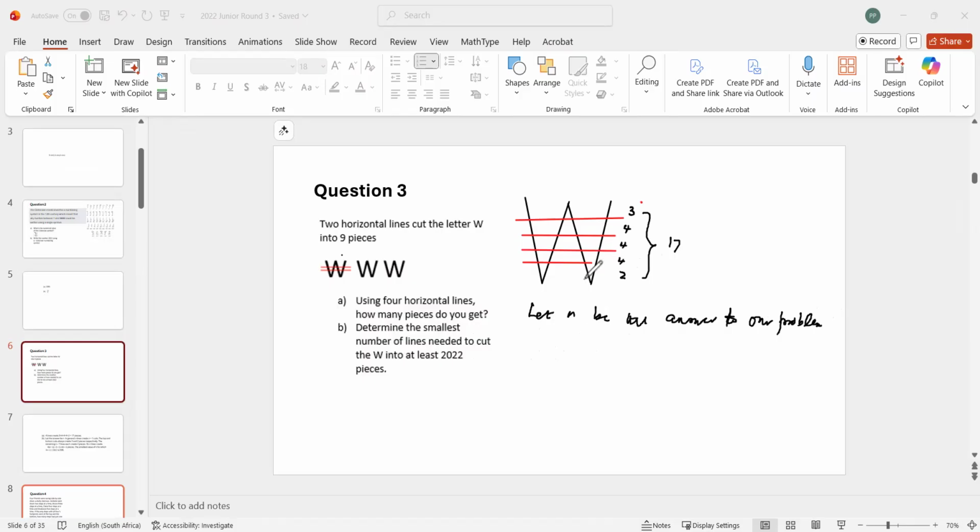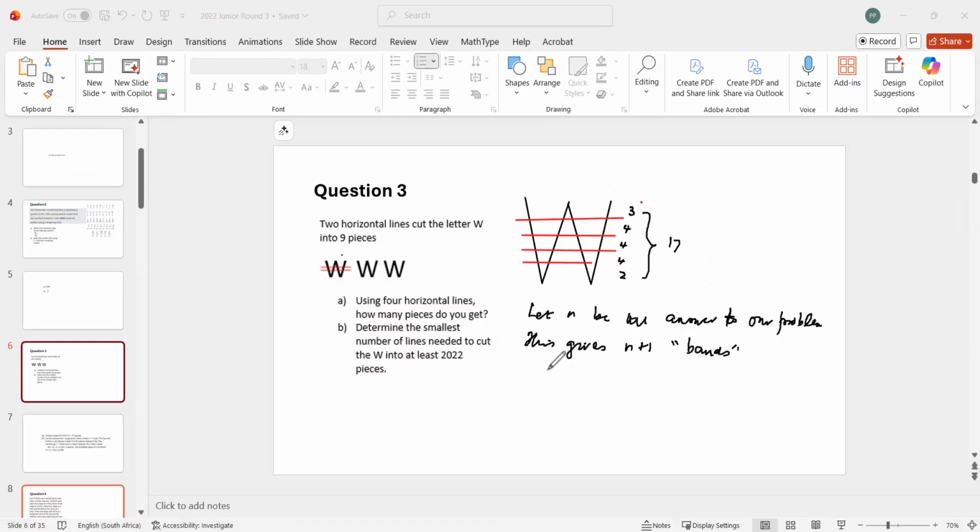Now you'll notice that 4 lines give you 5 bands. Right? So n lines give n plus 1 bands. This is the first band, second band, third band, fourth band, fifth band. All right, that's for 4 lines. So it's n plus 1.